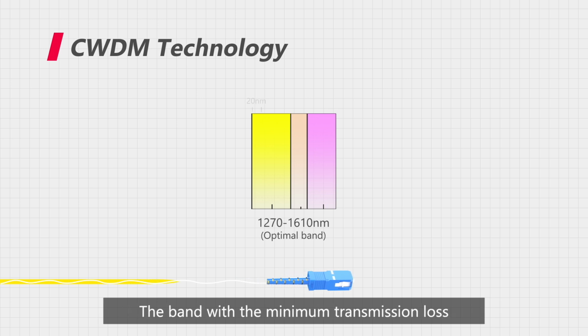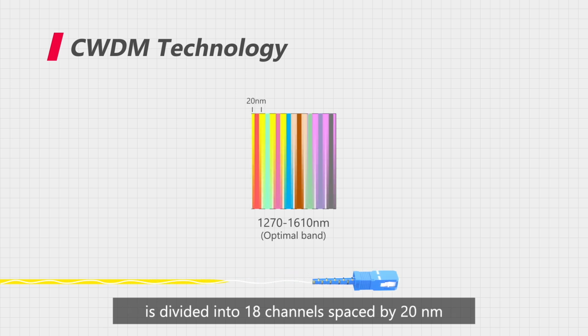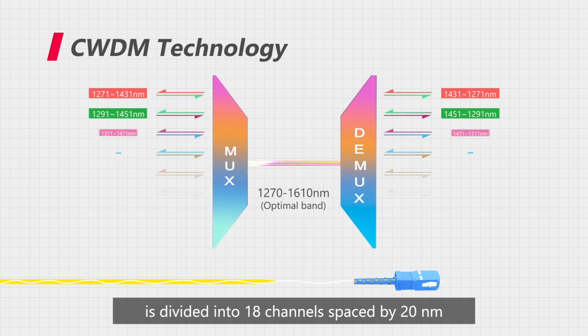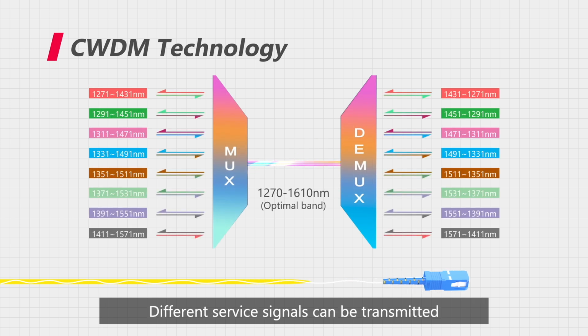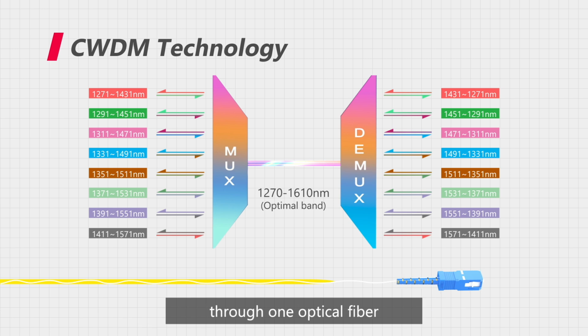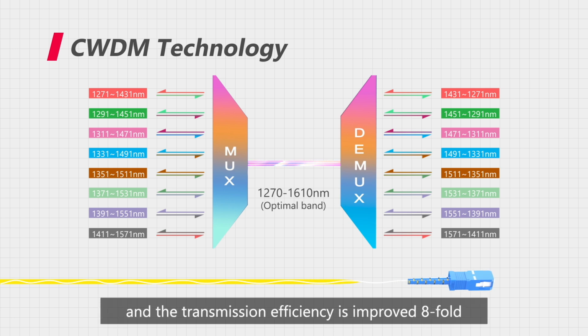The band with a minimum transmission loss is divided into 18 channels spaced by 20 nanometers. Different service signals can be transmitted through one optical fiber, and the transmission efficiency is improved 8-fold.